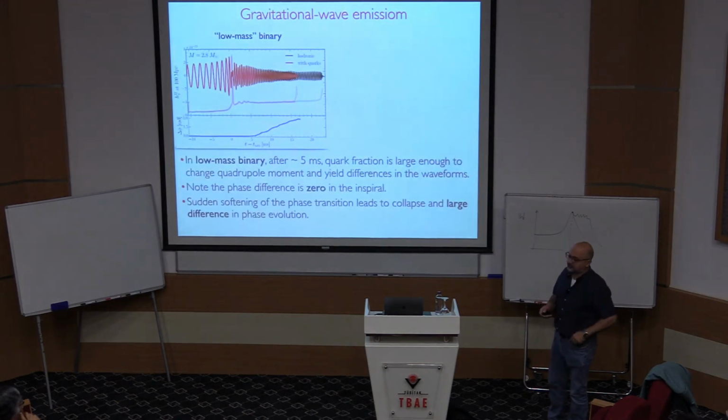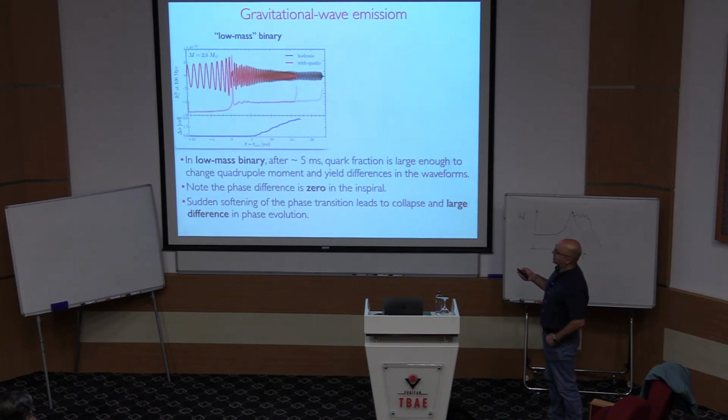If you ask yourself, what does the gravitational waveform look like? Well, this is shown over here. The black is a fully hadronic equation of state, and the red is the one with quarks. Also shown is the frequency evolution of the signal in red or in black, and in blue is the phase difference between the two signals.